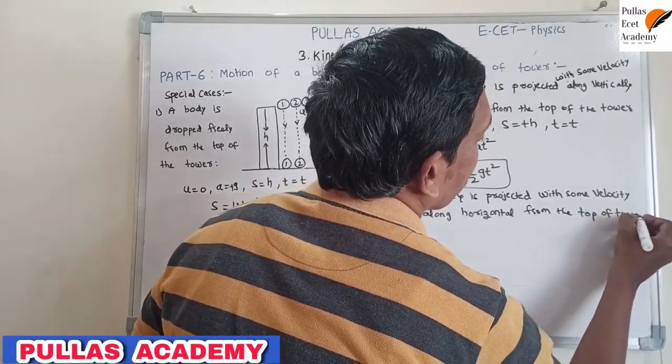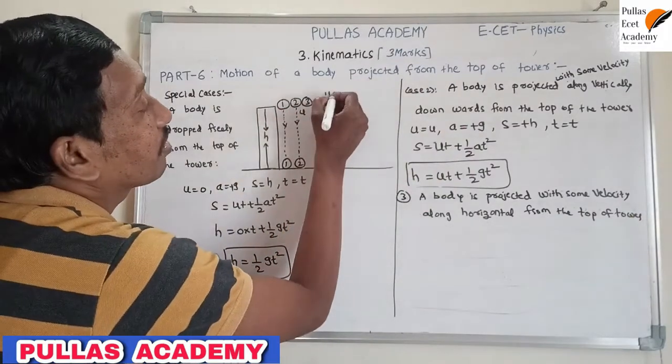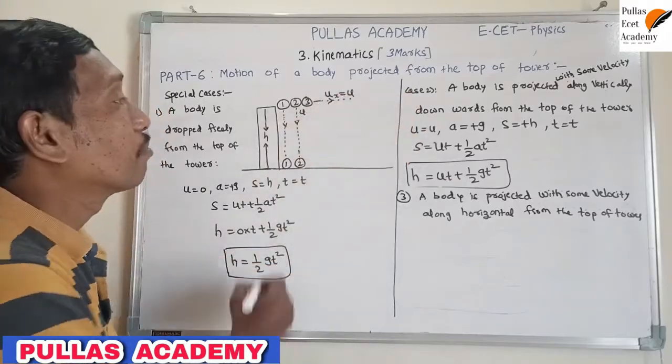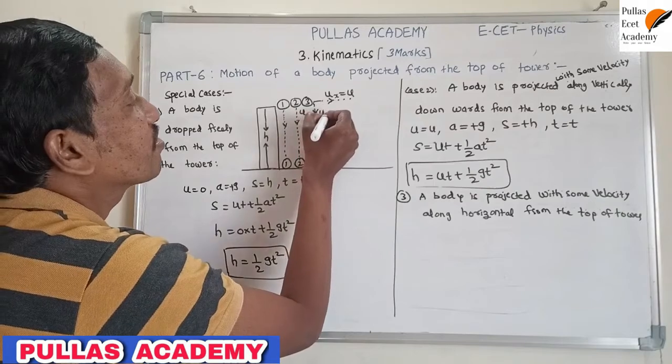That's the concept here. Listen carefully. Along the horizontal direction, velocity is u, along the x-axis, but along the vertical direction its initial velocity is considered 0.